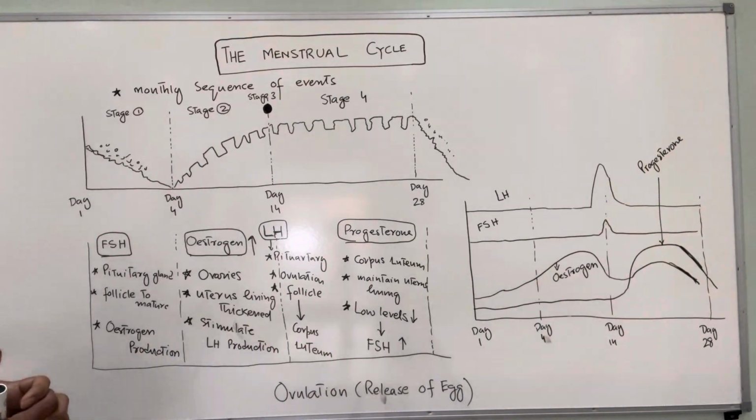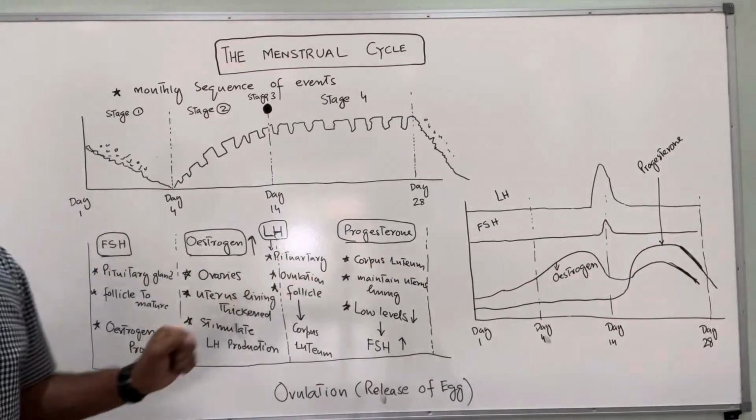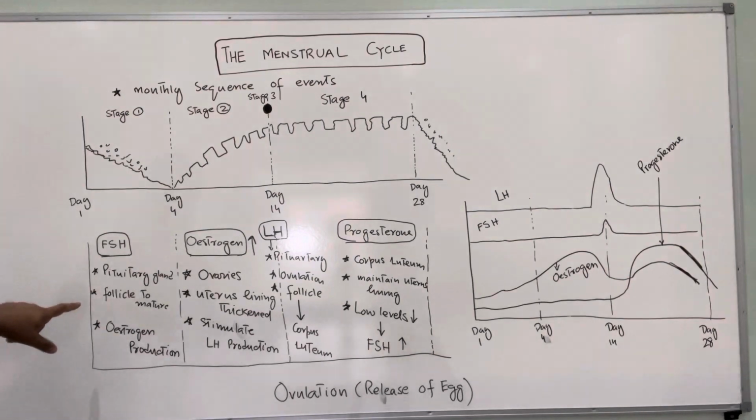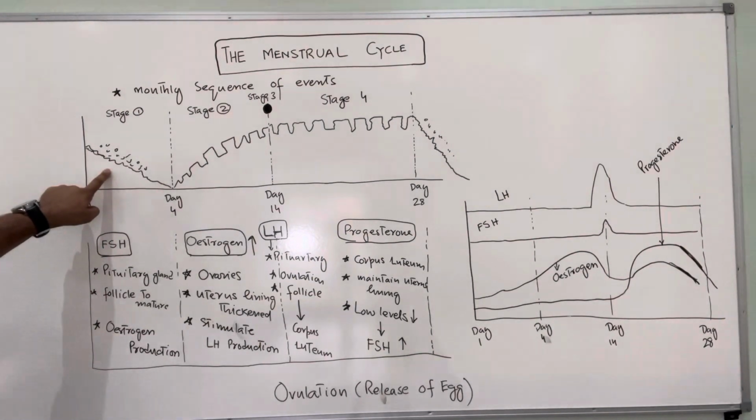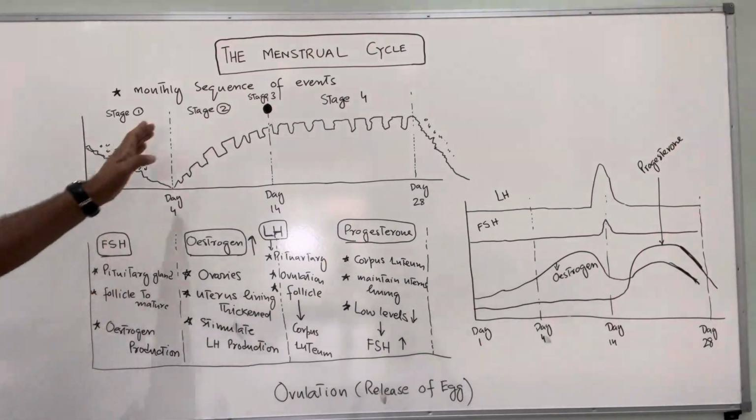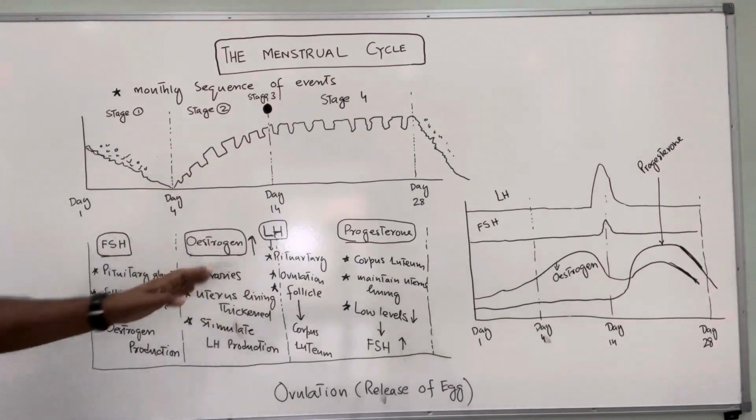So there are a few things which can help you to learn and remember the functioning of these four hormones. You can see that each hormone stimulates the production of the next hormone.